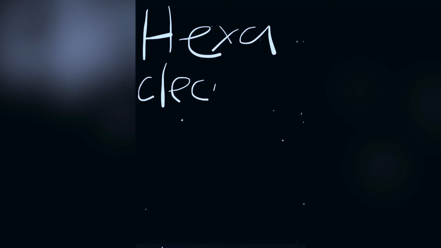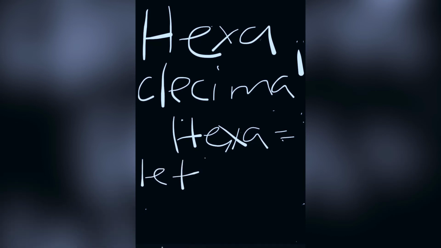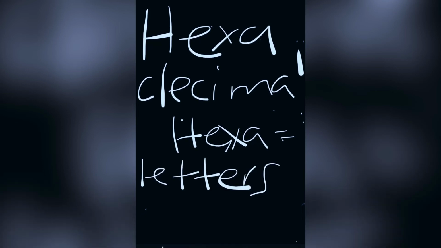Then let's look at the hexadecimal. One thing you should know, hexa equals letters. For the side of hexa, you should use letters. Then for the side of the decimal, we use numbers.